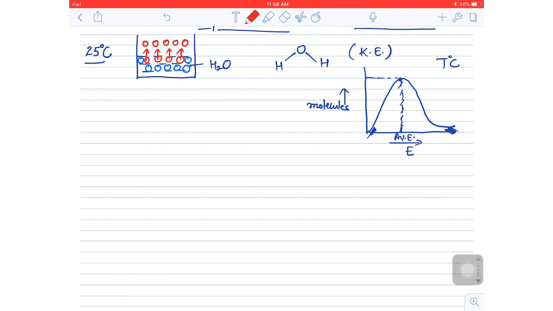These red colored molecules have escaped from water, and if this beaker is open, they can easily move into the atmosphere. This is simply what you call evaporation, the change of liquid water into gaseous water.